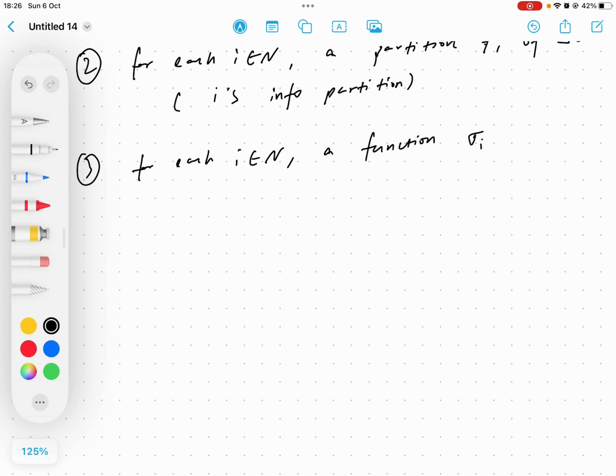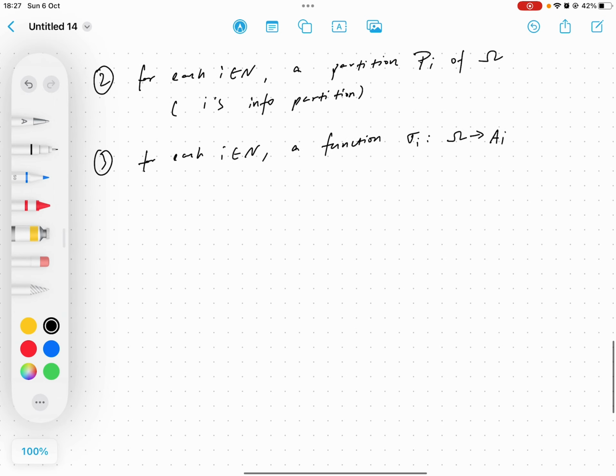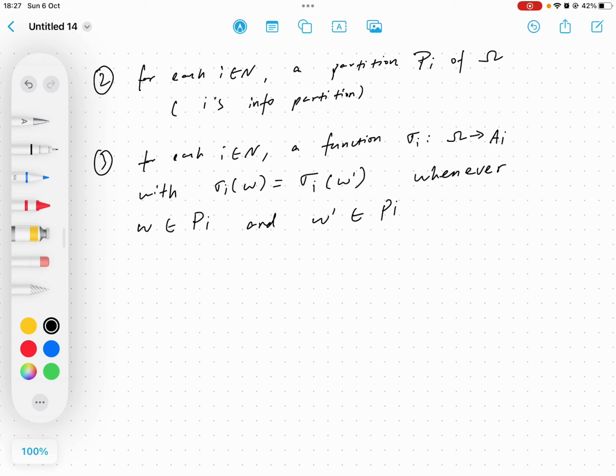This sigma I, a function from omega to the set of A I, satisfying that sigma I of omega has the same value as sigma I of omega prime whenever omega is in some pi and omega prime is also in this pi, for some pi as an element in this partition. So this sigma I is I's strategy.